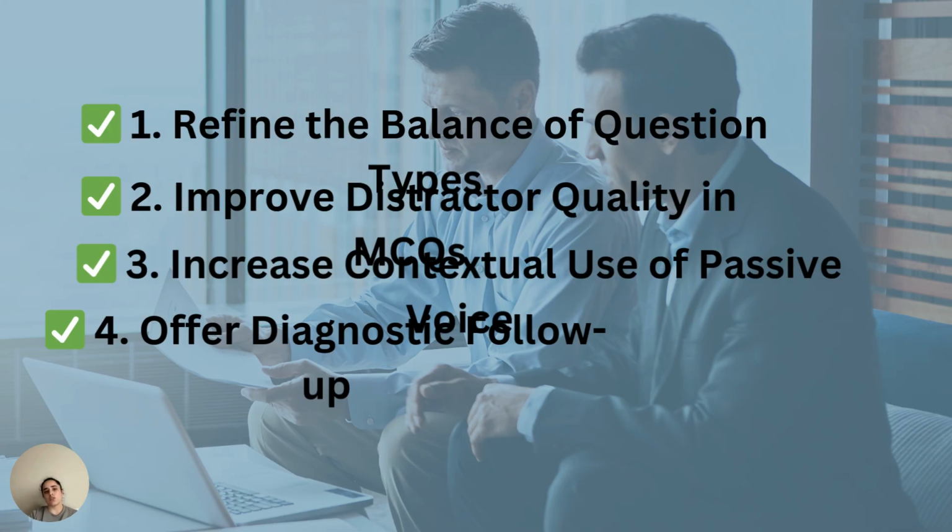And you should improve your distractor quality in MCQs. When you prepare your MCQs, you should know that each item should have one strong distractor, and the other options should really assess the students' information about the subject.